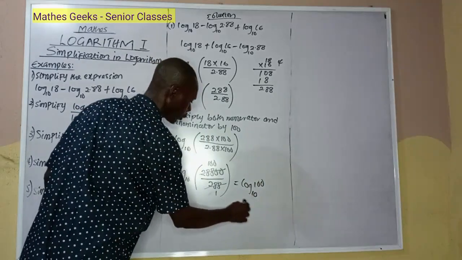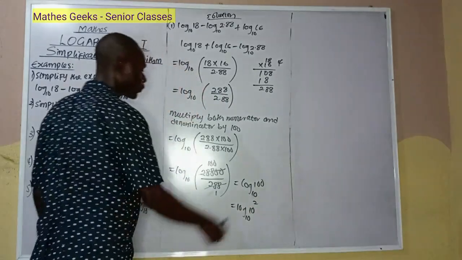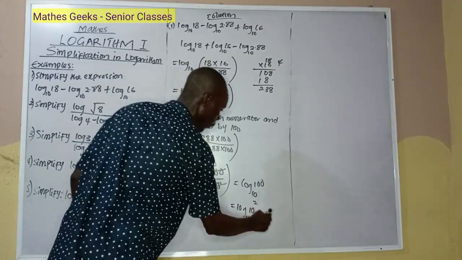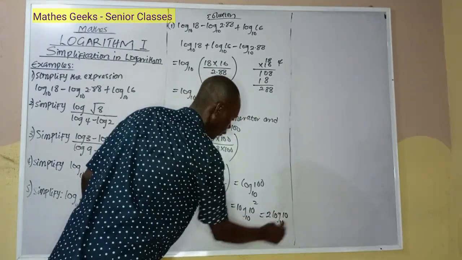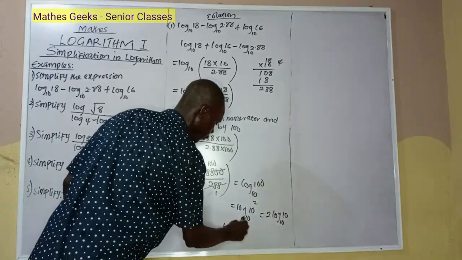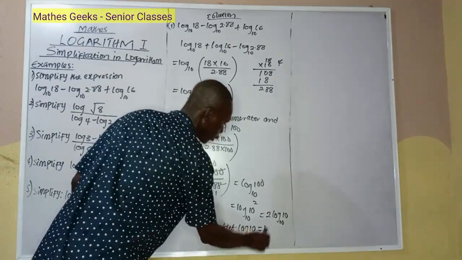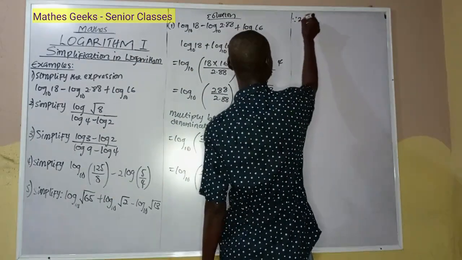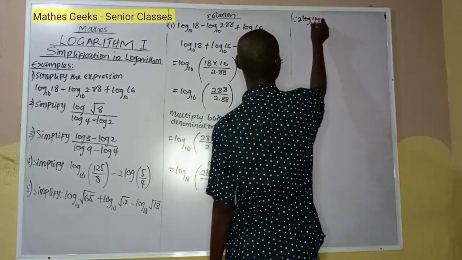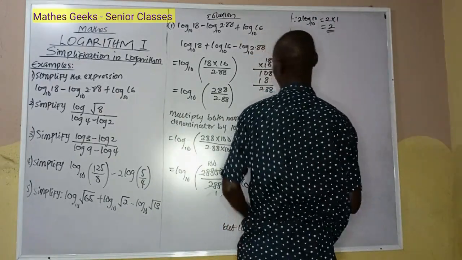And that will give us log 10 raised to the power 2 to the base 10, and then this will give us 2 log 10 to the base 10. But log 10 is equal to 1. So therefore 2 log 10 to the base 10 is equal to 2 times 1, and that's equal to 2.